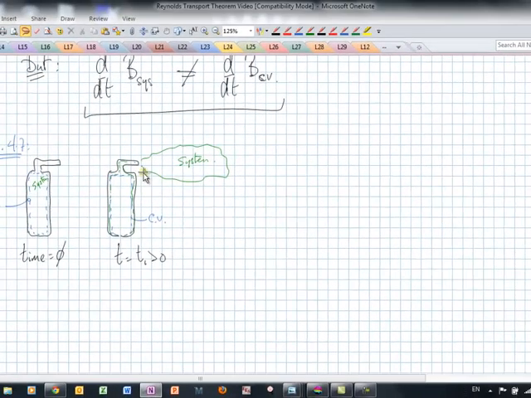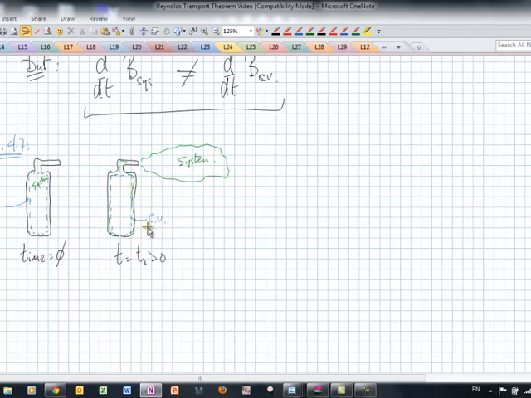Then at some time greater than 0, I squirt some of the fire extinguisher stuff out. Here it is. So now what's the system? Remember, we're tracking a fixed number of particles. So the particles are what's left in the fire extinguisher plus whatever is in that cloud that went outside of the fire extinguisher. The control volume, however, didn't change.